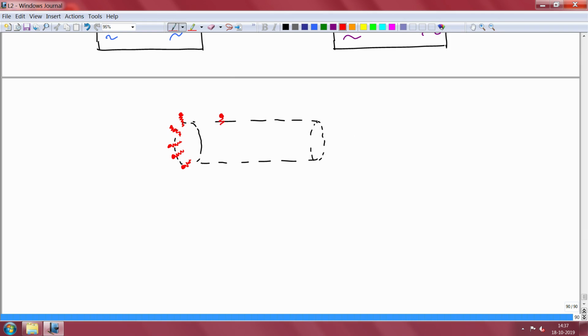I am not going to draw all the possible locations, I am just drawing it for your illustration here. So, this is a cylindrical micelle.